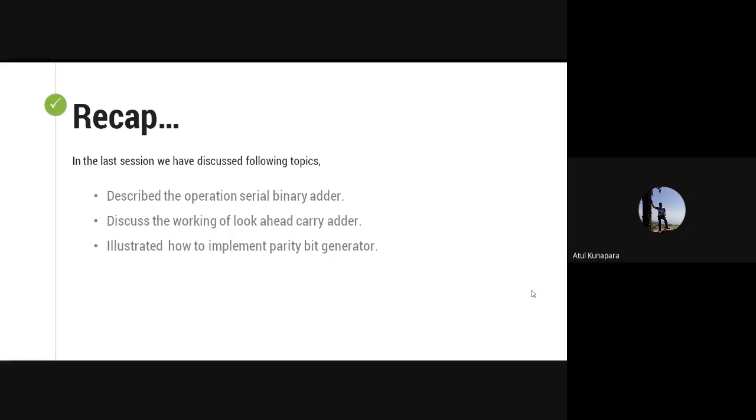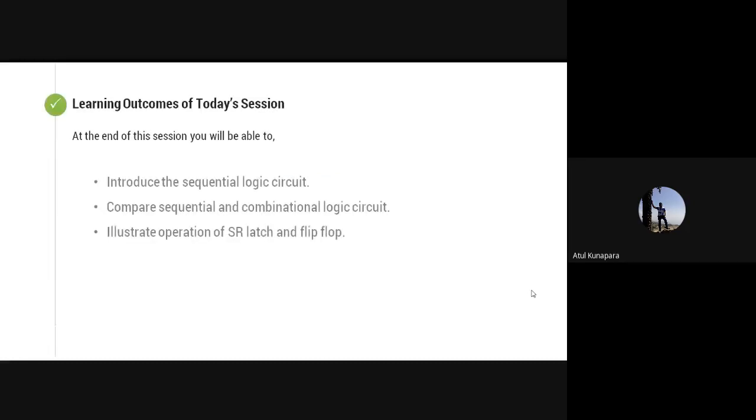Now today we are going to start our session number 29 as per the lecture session schedule, and in this we are going to start with unit number 3, which belongs to sequential logic circuits. Before we start, let us talk about the learning outcomes of today's session. Today we are going to first introduce sequential logic circuits. Then we'll compare sequential logic circuits and combinational logic circuits, which we already completed in chapter number 2.